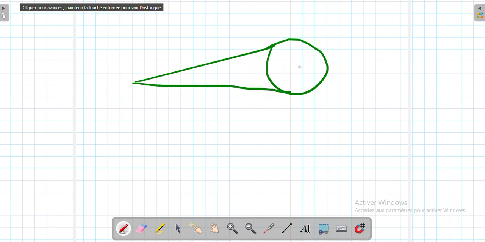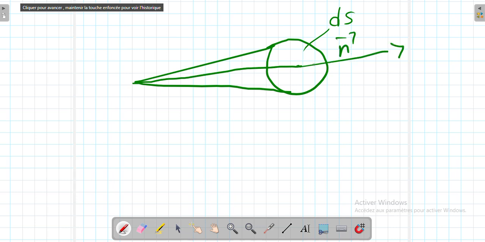Then this side is the surface ds. Now we're going to draw a vector that will be normal to the surface. Imagine this is coming all the way from the middle, then going out. So this is the normal. This vector is such that it's perpendicular to the surface. So imagine this is your surface.